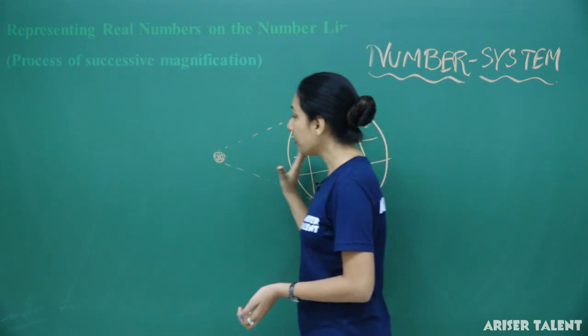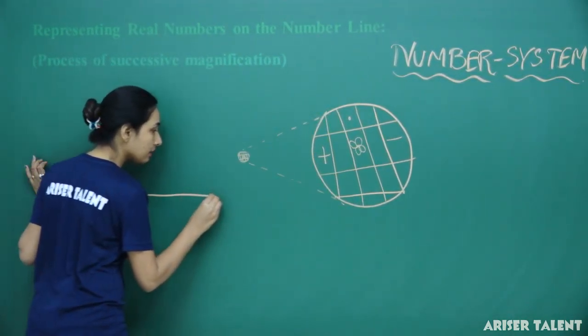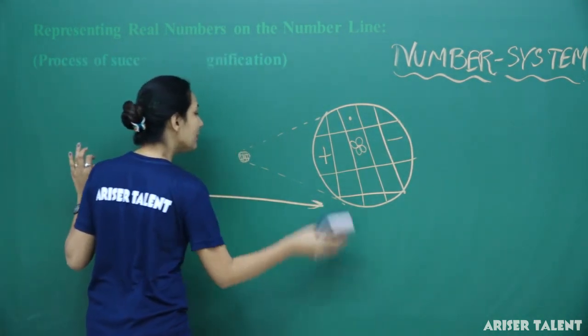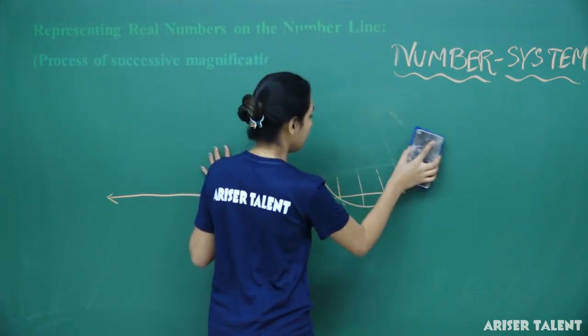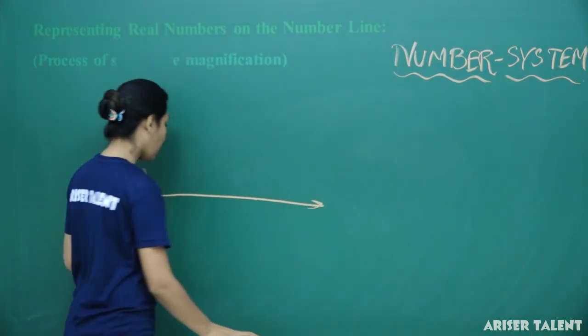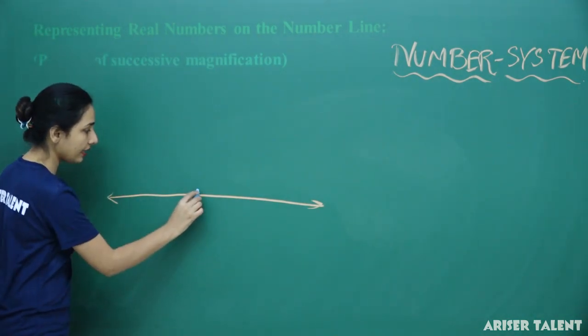I am talking about a particular figure, but we are basically going to talk about a line. This is our number line, okay. Should I rub this, because this has done its work. Now this is the line and this is where 0 lies.